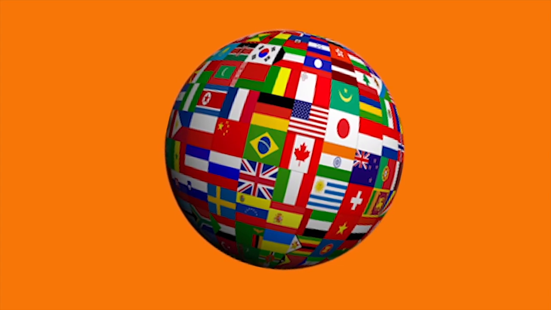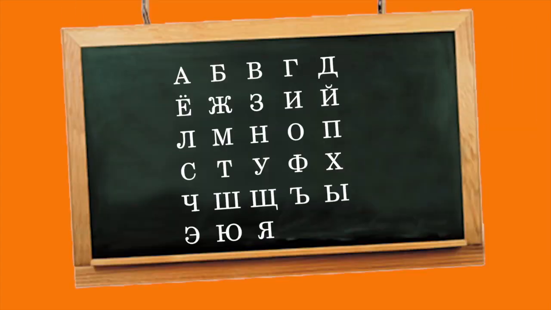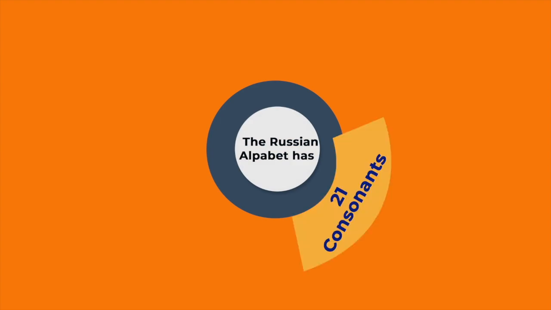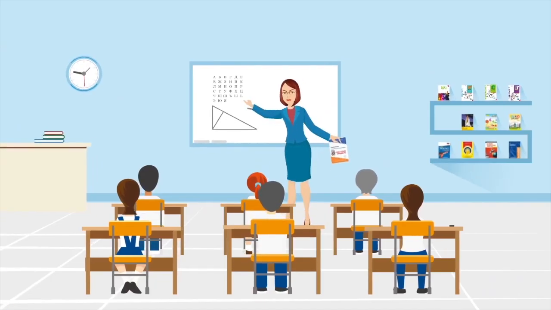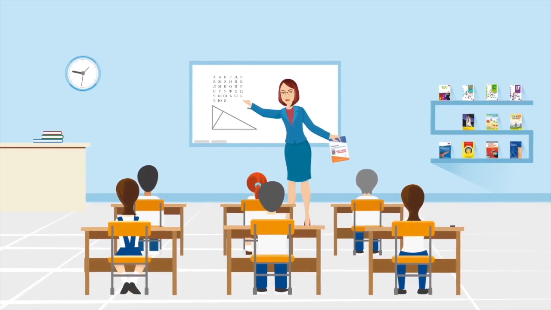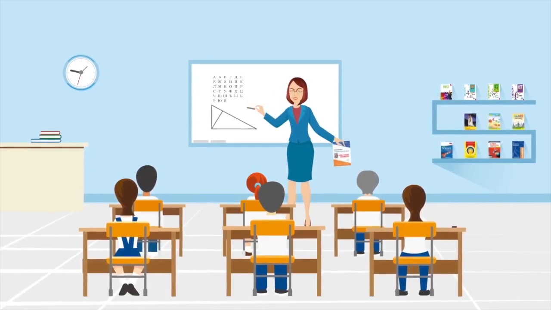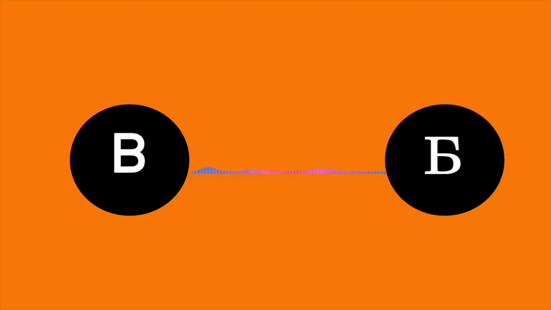As you know, in the Russian language there are 33 letters, out of which we have 21 consonants, 10 vowels and 2 signs. If you remember, in the previous module, we discussed all these letters with certain examples from English for the approximation of the sound and one example from the Russian language.